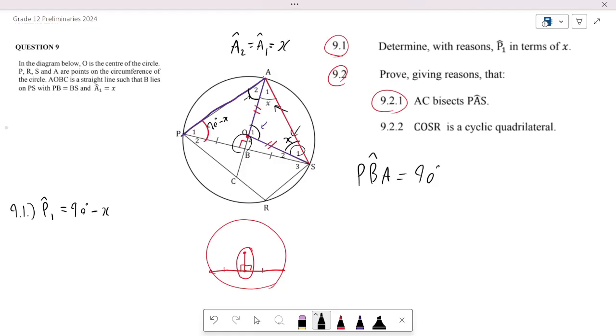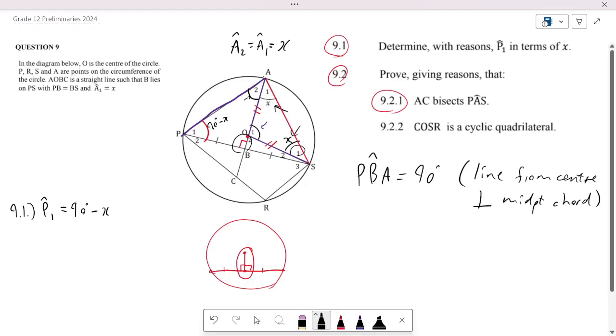And therefore, we can say that this reason is going to be line from center to midpoint chord. Or I would actually say perpendicular to the midpoint chord, because that makes more sense.